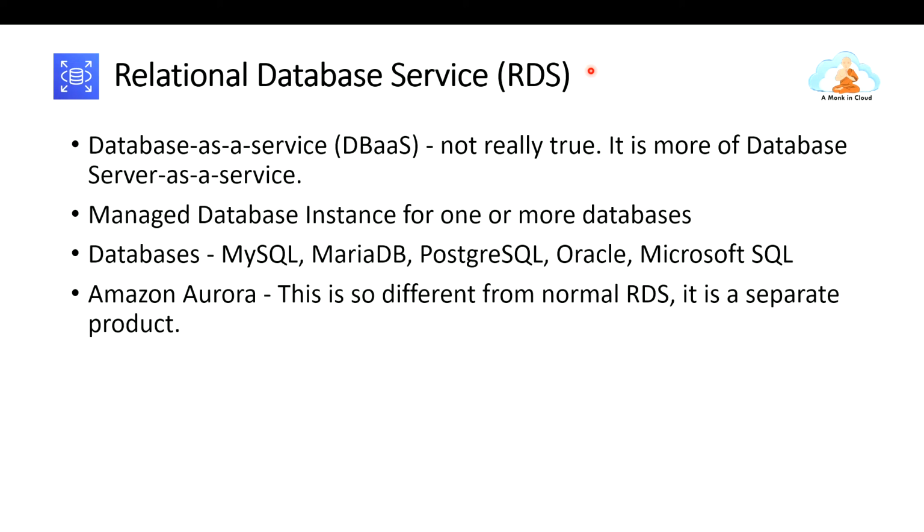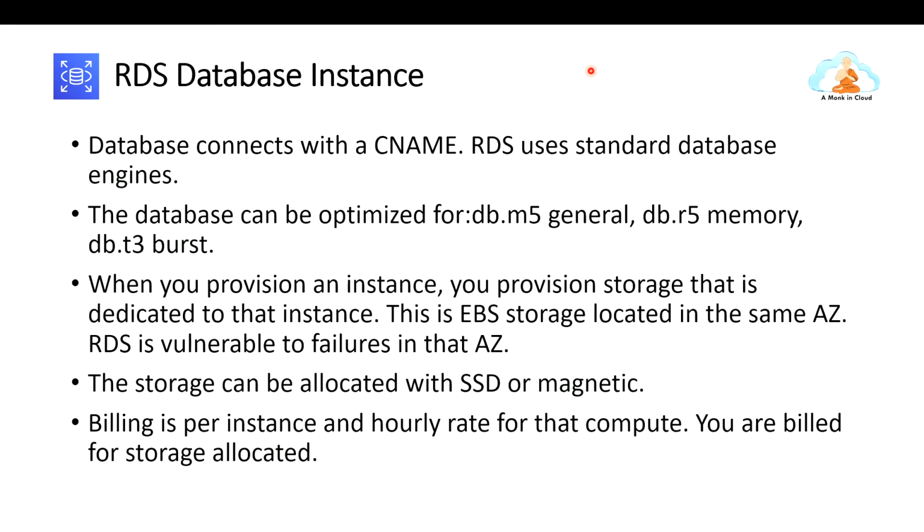It is a separate product, so I will be explaining it in another master class. You can expect that in the coming weeks. This week we will be concentrating only on relational databases and other databases except Aurora. Okay, so these are the databases currently supported by RDS, Relational Database Service.